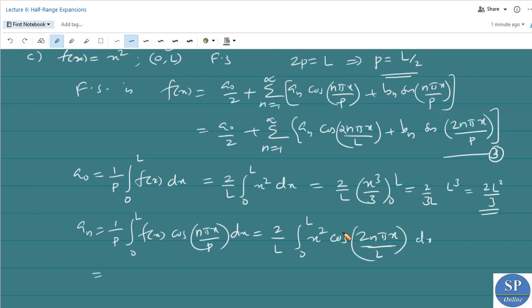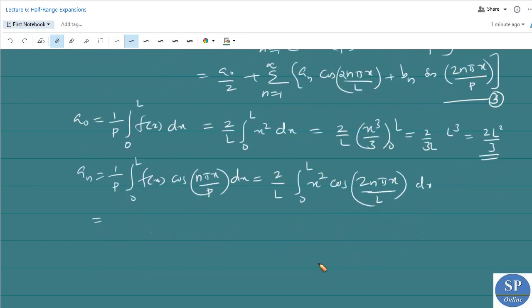I am leaving this integral to you. After performing this integral, we will get an as L square by n square pi square. You just verify this. an is equal to L square by n square pi square.